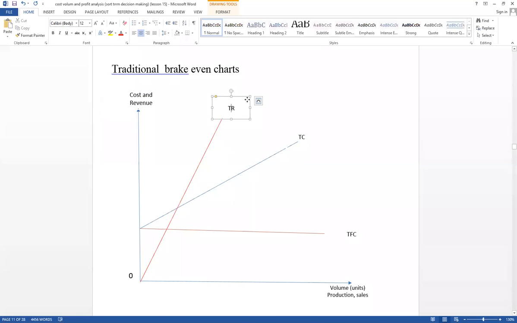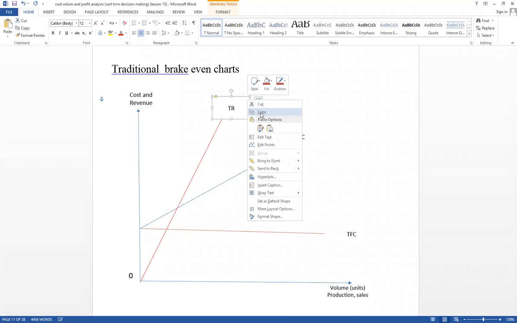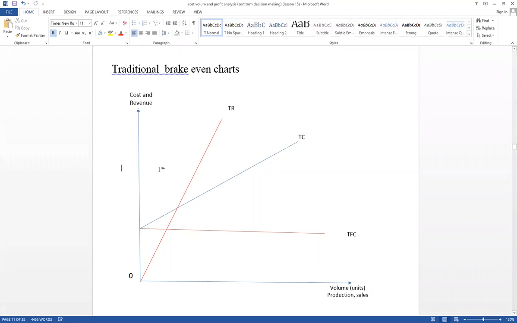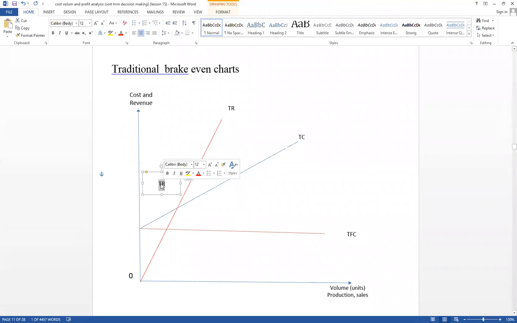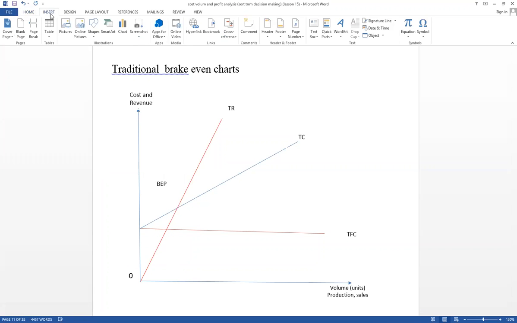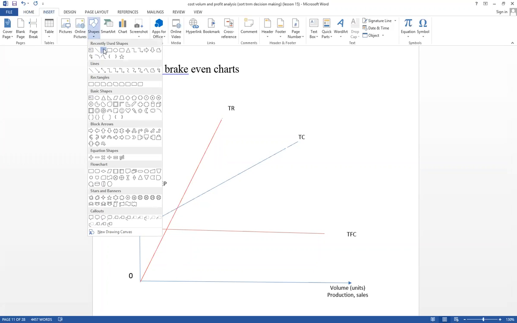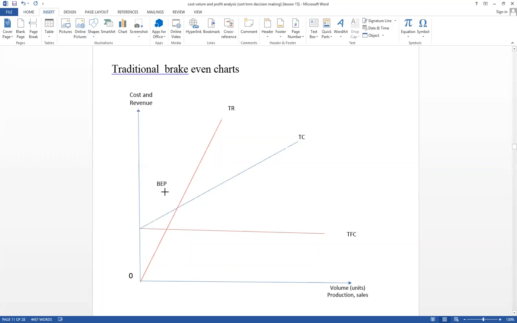Here it should be written as break-even point, BEP, where total revenue equals total cost. Therefore, this is the break-even point.